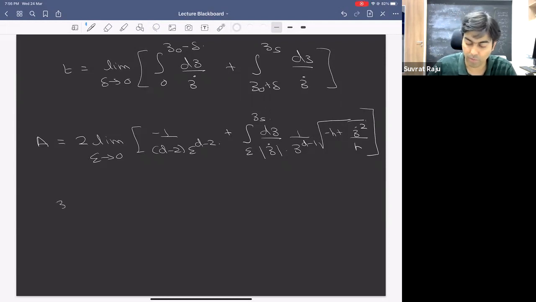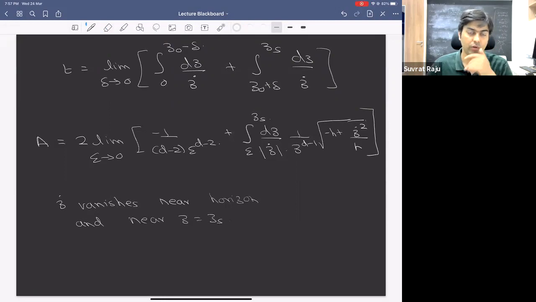Okay? So remember, z dot vanishes near the horizon and near z equal to z_s. Okay. Now, in fact, neither of those contributions gives you a divergence in the final area for the following reason.